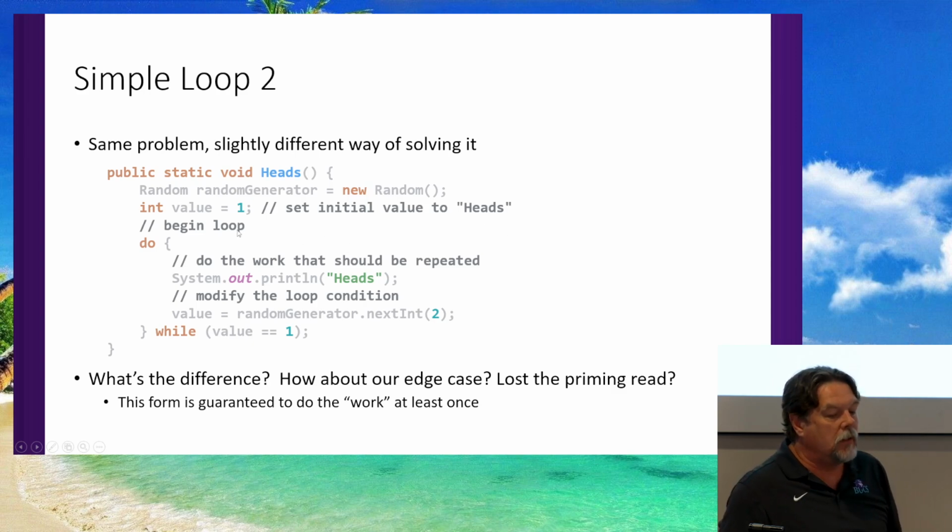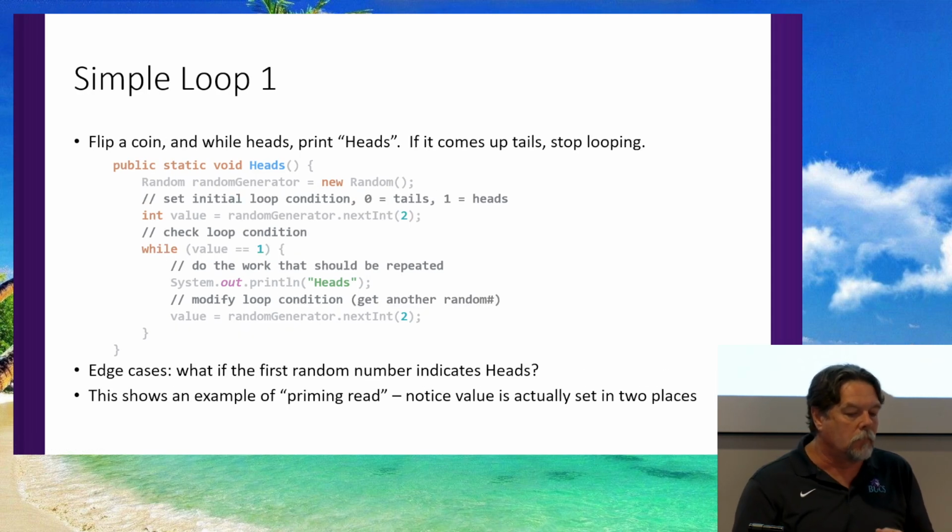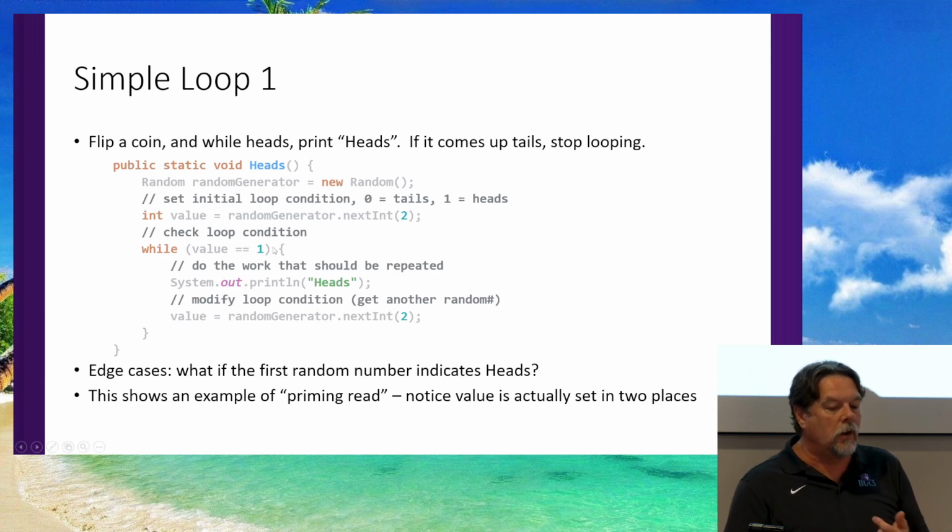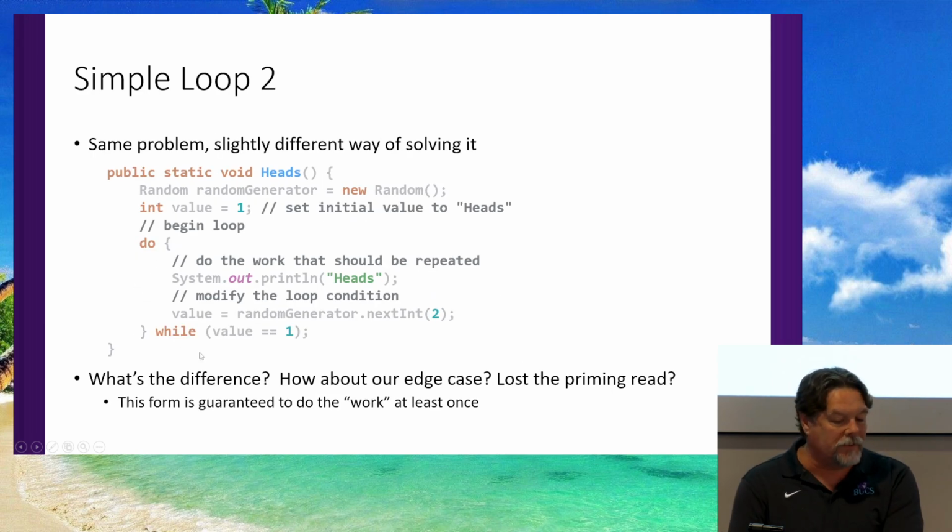And so we would say that this one is checking the loop condition at the end of the loop. Another syntax thing, you notice here on the first example, I don't have any semicolon, but I do on the second example.